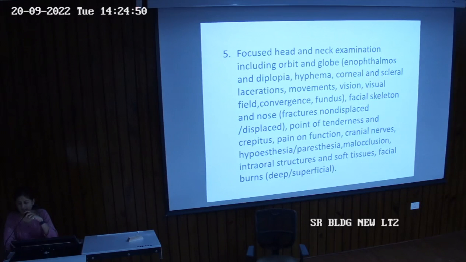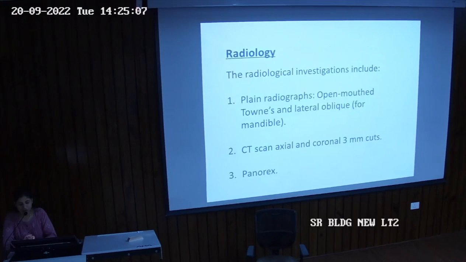All this is eye examination. Facial skeleton and nose fractures, point of tenderness, crepitus, pain on function, cranial nerves, hyperesthesia, paresthesia, malocclusion, intraoral structures and soft tissue facial burns. All these are the kind of injuries that can happen, which you need to see when you do a detailed head and neck examination.